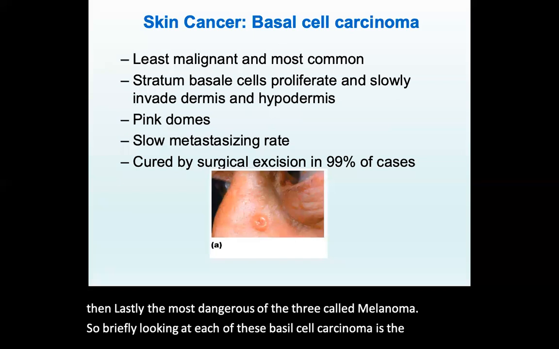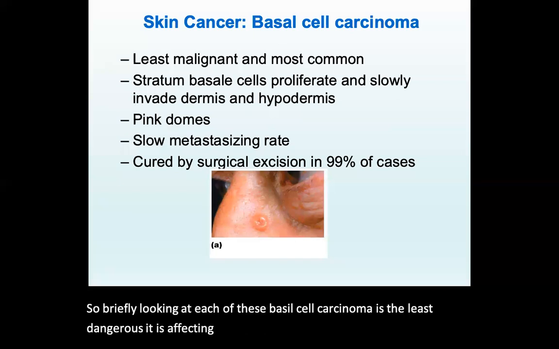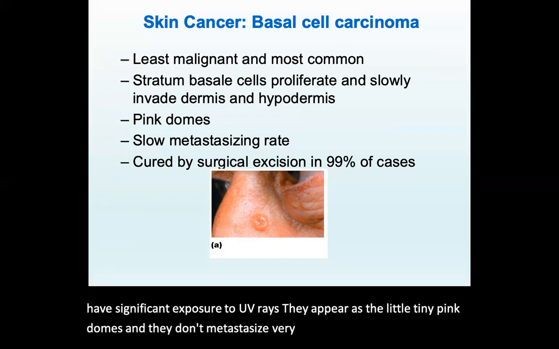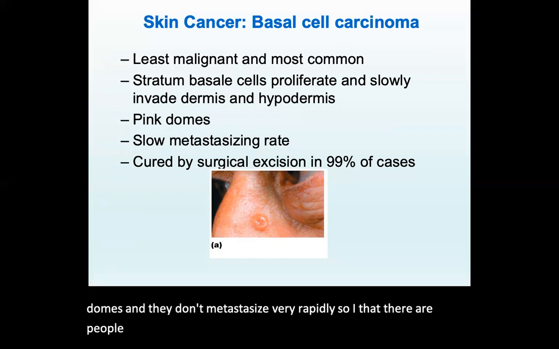It affects people who typically have a fair skin tone and have significant exposure to UV rays. They appear as little tiny pink domes, and they don't metastasize very rapidly. So there are people that have basal cell carcinoma for years without it having metastasized.